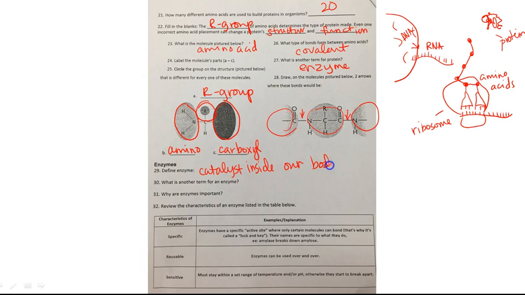So every time a chemical reaction needs to take place in our body, whether we're using water, or we're breaking down our food, anything, breaking down carbohydrates, an enzyme is what's going to house that chemical reaction, or it's going to be what holds that molecule and breaks it down, causing a chemical reaction to happen.